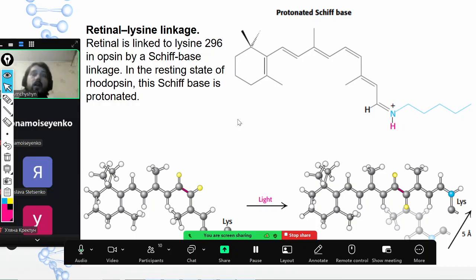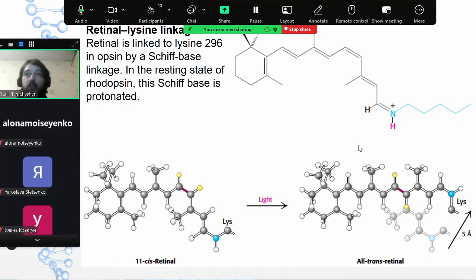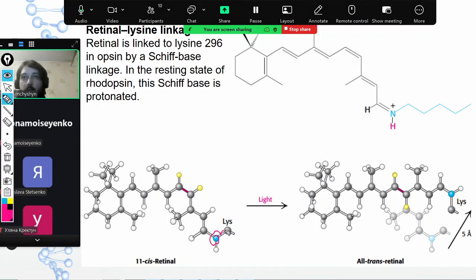It's linked to lysine 296 in opsin by a Schiff base linkage. In the resting state of rhodopsin, this Schiff base is protonated, as you see. Here you see the nitrogen, the part of the lysine, so it goes somewhere into the protein and there is a whole large protein around it.